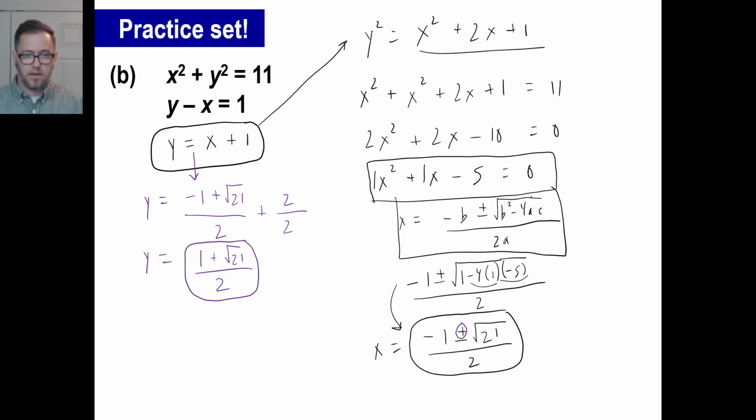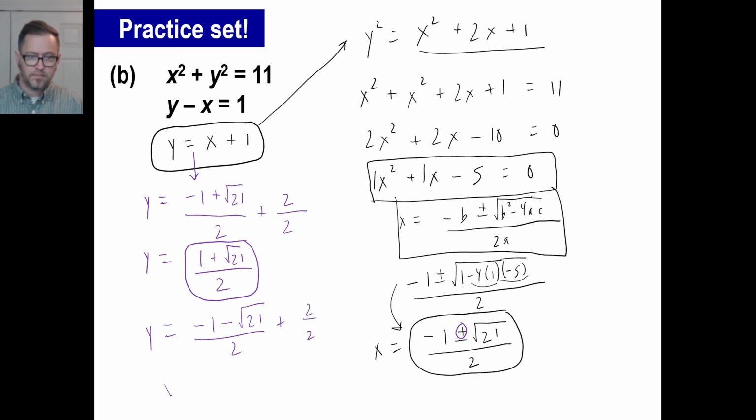And I'm assuming you can probably see what's going to happen here. In fact, if you want to take a shortcut in this case, you're welcome to do that. Since this is 1 plus the square root of 21 over 2, this is going to be negative 1 minus, well, we'll just go ahead and do it. So y equals negative 1 minus the square root of 21 over 2 plus 1, which is also 2 over 2.